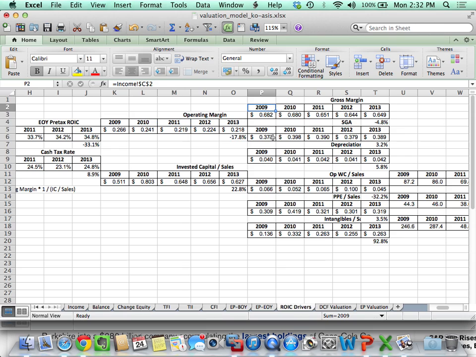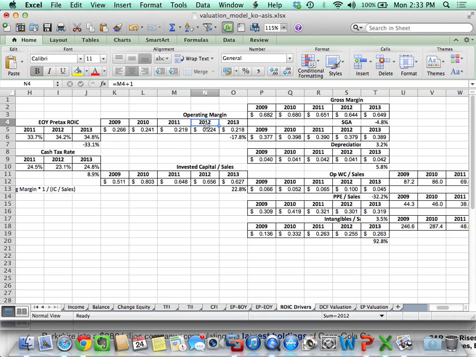So those are the three primary income statement drivers. Gross margin is a proxy for markup. It's the difference between the price minus the cost of goods sold. So the price per unit minus the cost per unit. So it's how much markup, how much pricing power we have on our products.